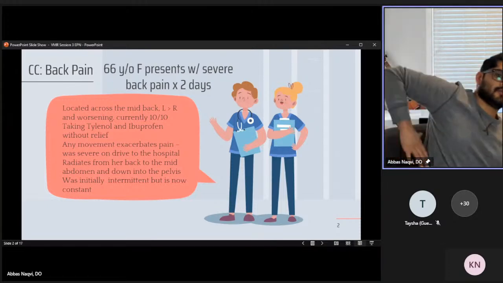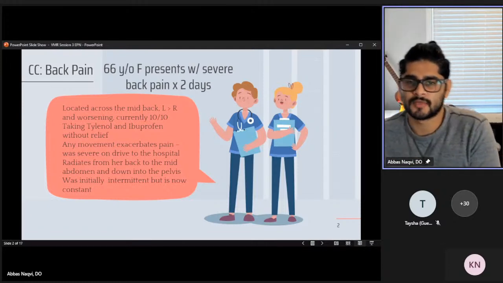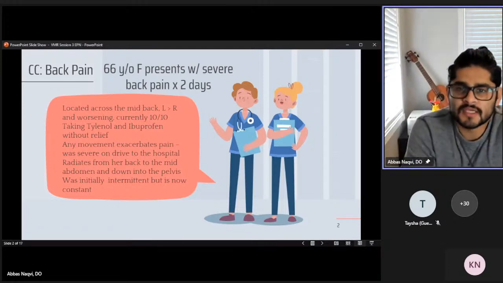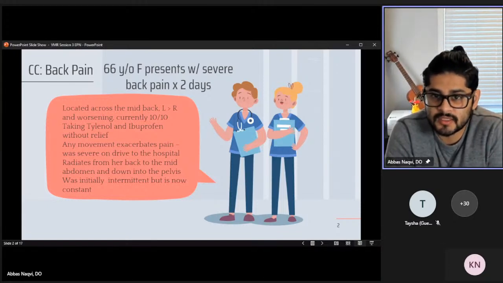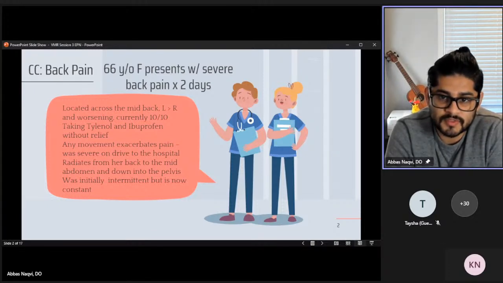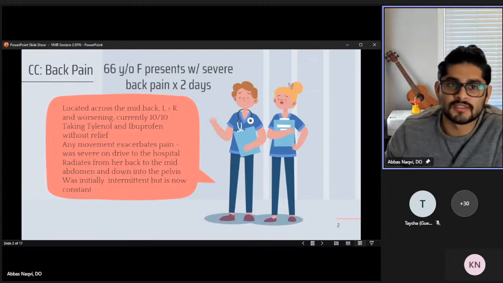So we're talking about right up here on this left side. That's my right side, but right here. She's been taking Tylenol and ibuprofen without relief. Any movement exacerbates her pain. It was severe on the drive to the hospital. It radiates from her back to the mid-abdomen and down into the pelvis. It was initially intermittent, but now it's a constant pain.